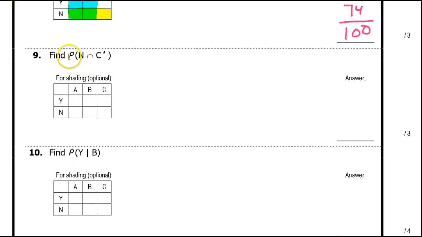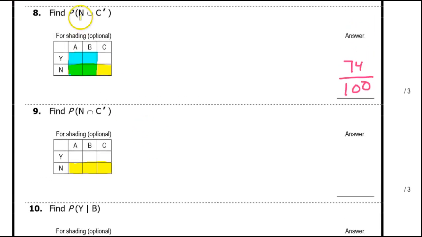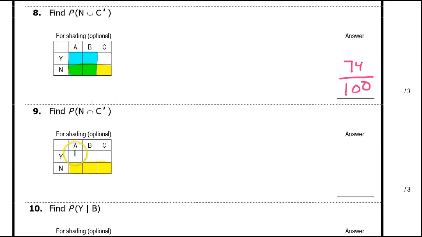So next, they ask for the probability of N and not C. So again, here is N, just like before. So you see we're talking about the same two sets, N and not C. So my coloring on this picture is going to look the same. So here comes not C again.